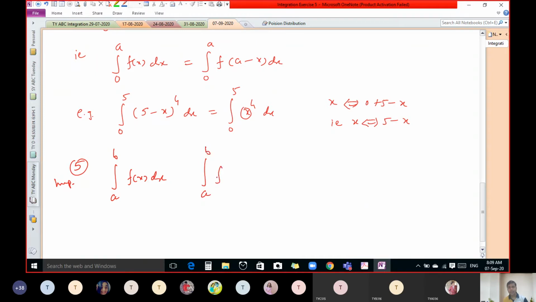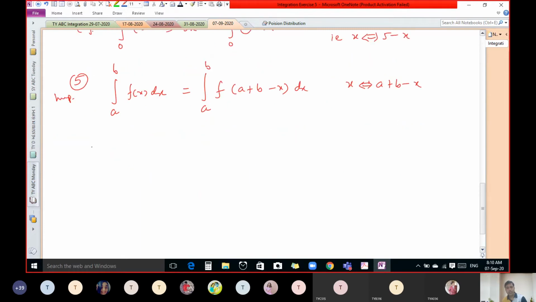A to b, in place of x you can write lower limit plus upper limit minus x dx, and if we check the answer, your answer remains same. That means in place of x you can write a plus b minus x, lower limit plus upper limit minus x, and this is true vice versa also.